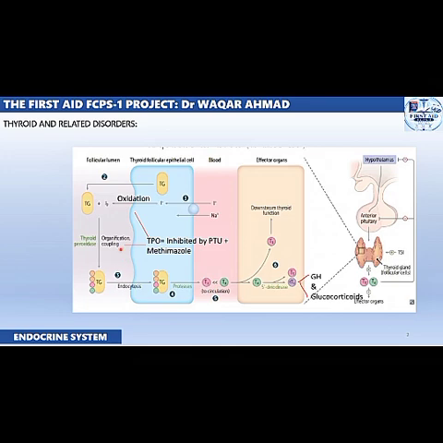Now remember that all these three reactions, oxidation, organification and coupling, are mediated by TPO, thyroid peroxidase. This is the enzyme which is inhibited by propylthiouracil and methimazole while we are treating hyperthyroidism. What happens next is the thyroglobulin along with the thyroid molecules is endocytosed.